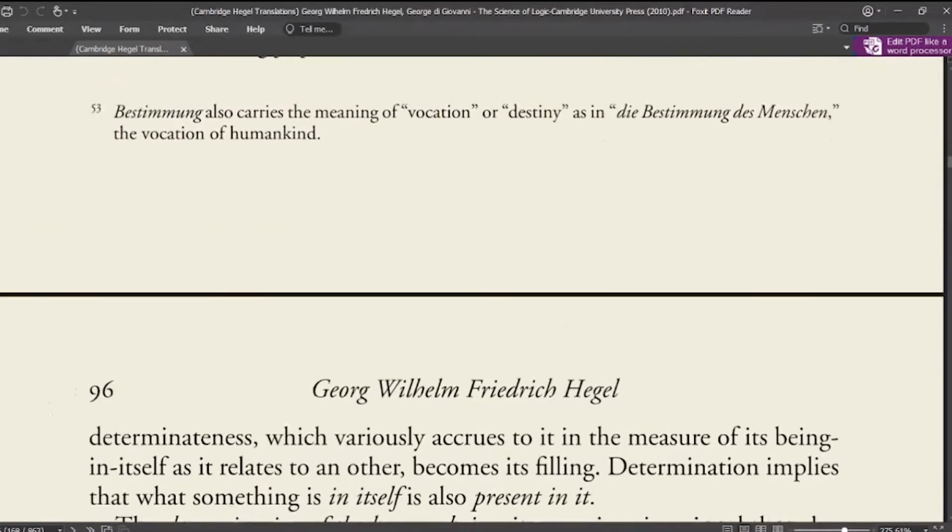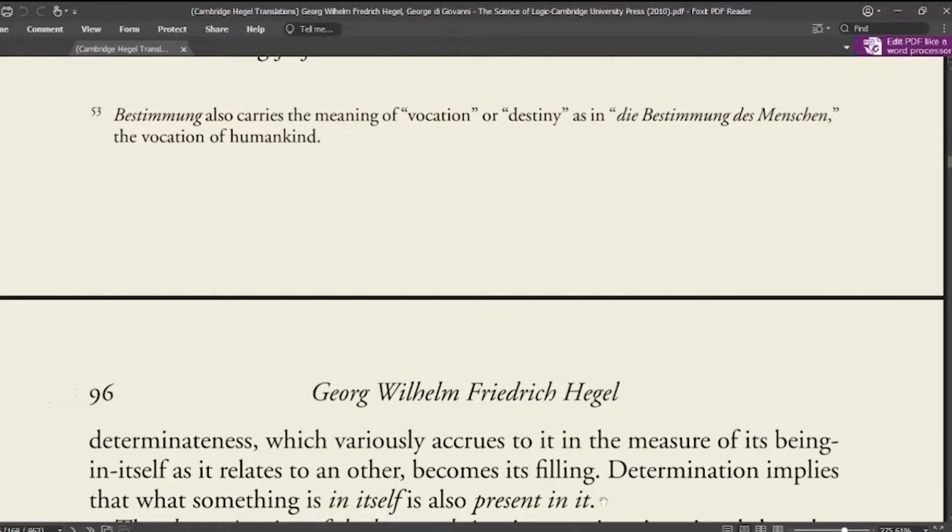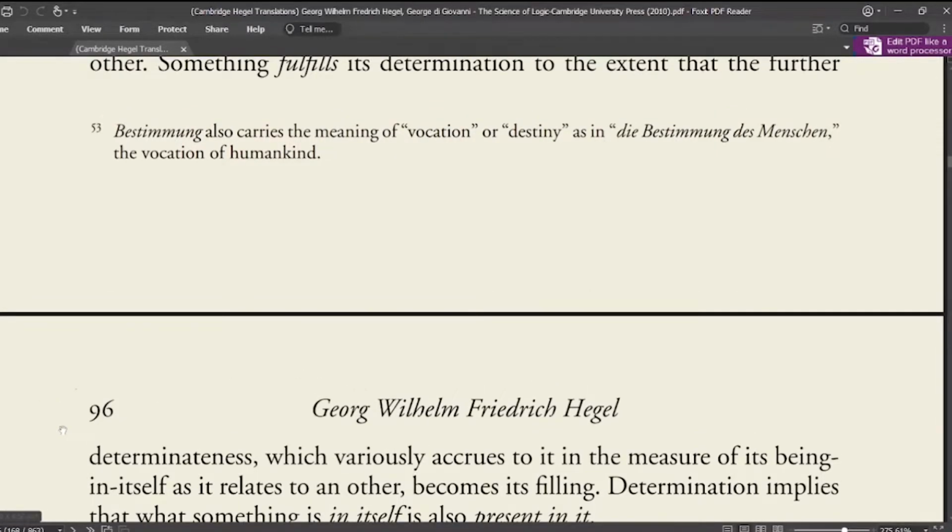I actually love the way that this works both in German and in English, because the regular way we speak about determination, in the sense of I'm determined to do this or that or be this or that, is precisely in line with the fundamental meaning of this concept.